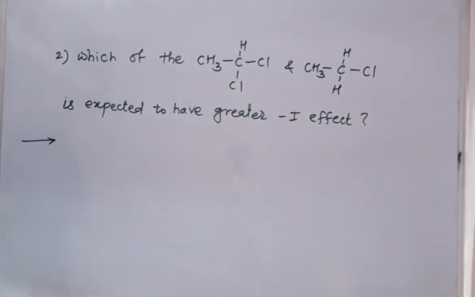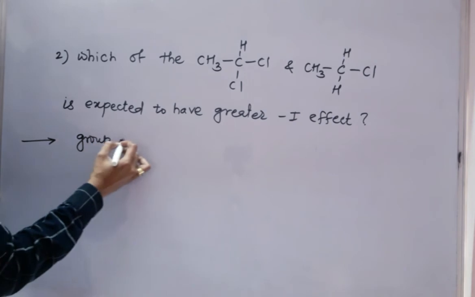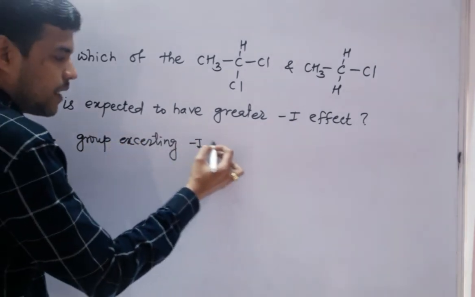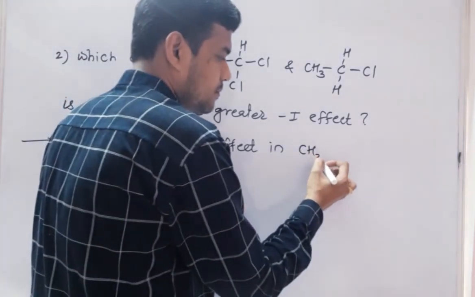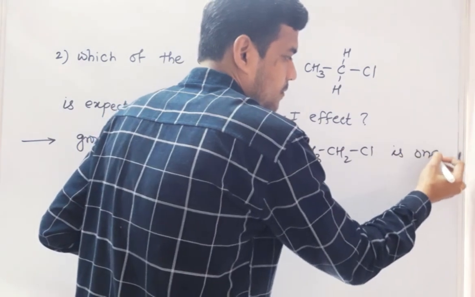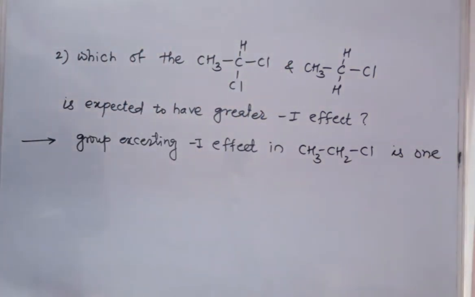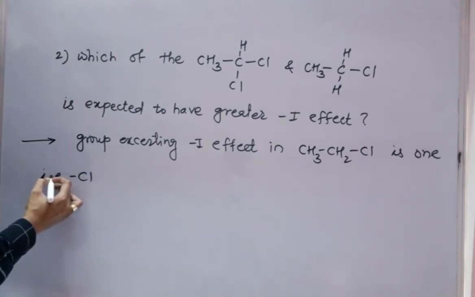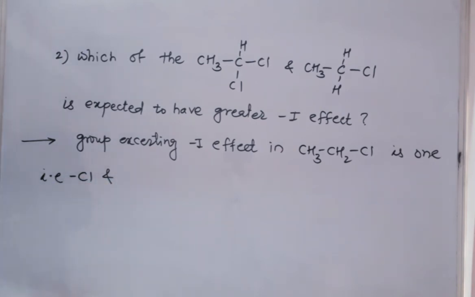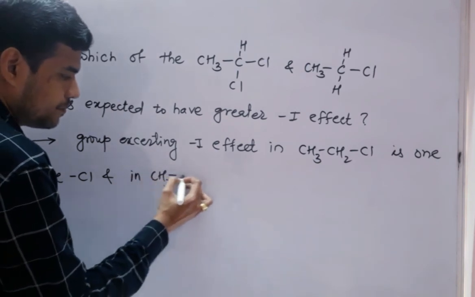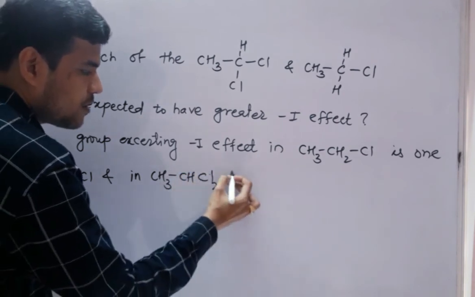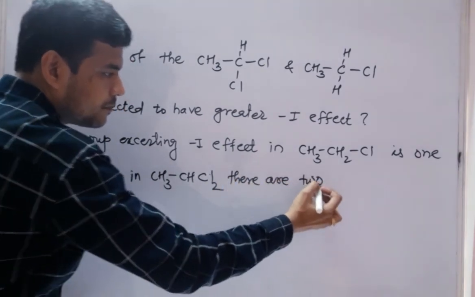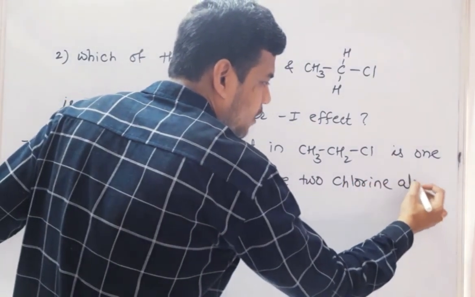Okay, so write down the answer. The group exerting minus I effect in CH3CH2Cl is 1, that is -Cl, and in CH3CHCl2 there are 2 chlorine atoms.